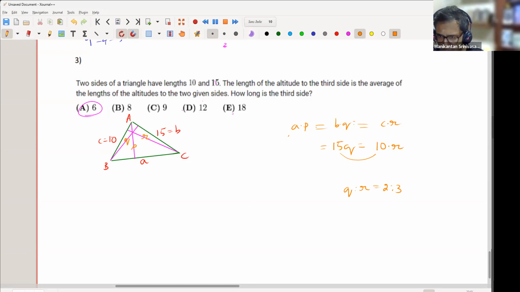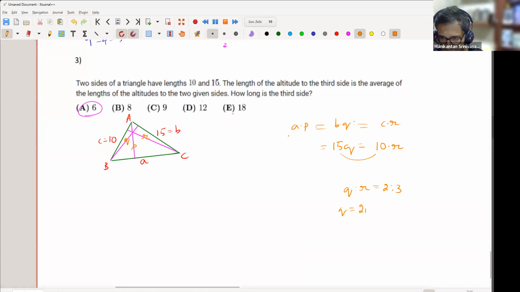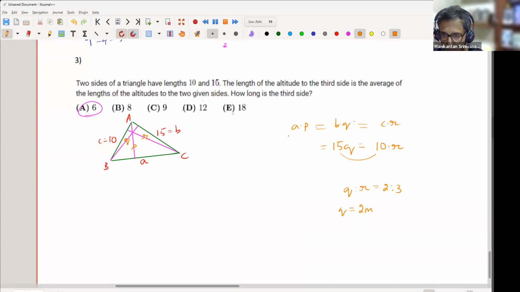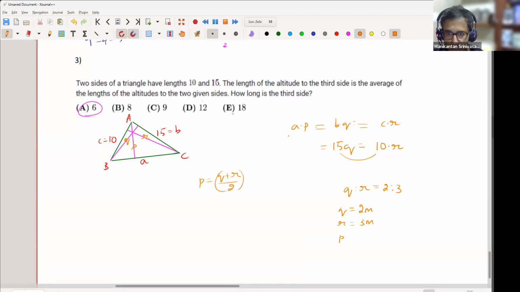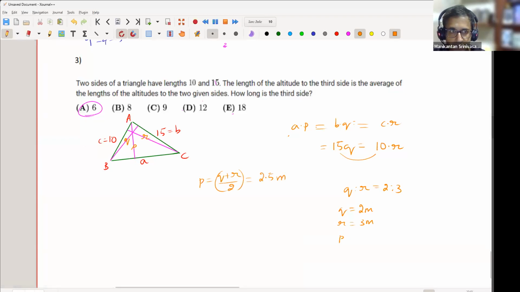In fact, let's say Q equals 2m. I don't want to introduce too many variables, but just so that you don't think it's literally 2. So Q is 2m, R is 3m. That means my P is given to be the average. The third altitude P is the average of the other two. So this is (2m plus 3m) by 2, which is 2.5m. Let me replace everything in terms of m.